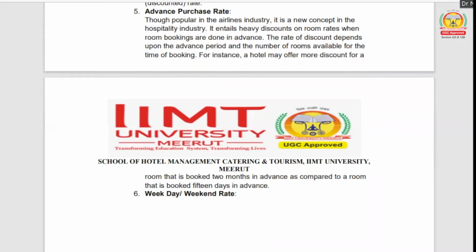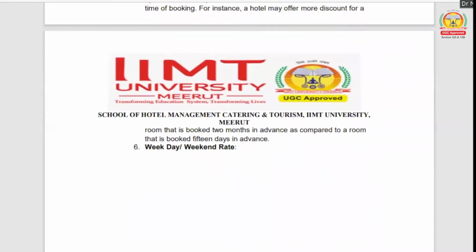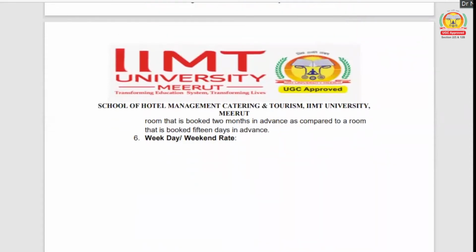So it is an advanced booking, and then the discount will be given accordingly. For instance, a hotel may offer more discount for a room that is booked 2 months in advance, as compared to a room that is booked 15 days in advance.